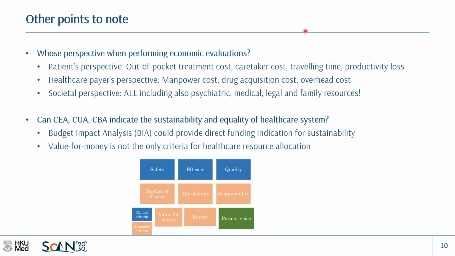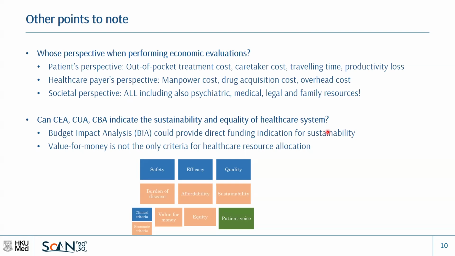The second note is about whether CEA, CUA, and CBA can indicate the sustainability and equality of the healthcare system. A simple answer is no. They are useful, but not enough. Budget impact analysis could provide direct funding indication to the healthcare system for sustainability issues.